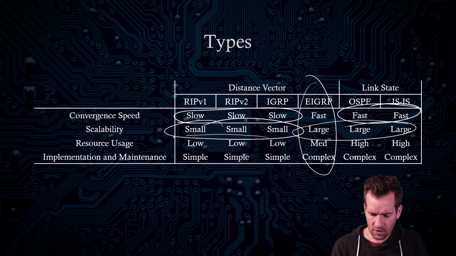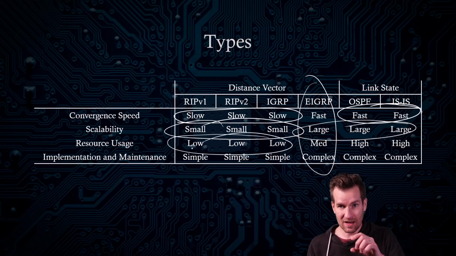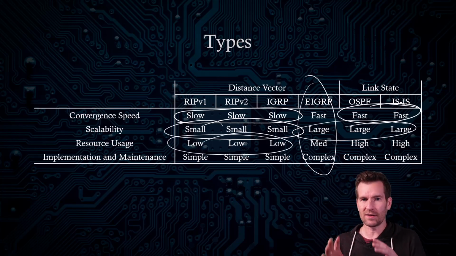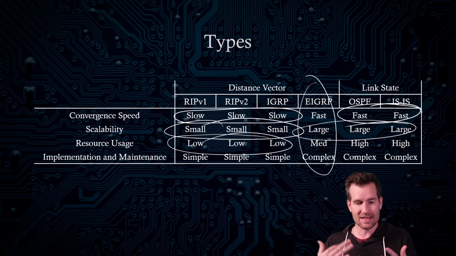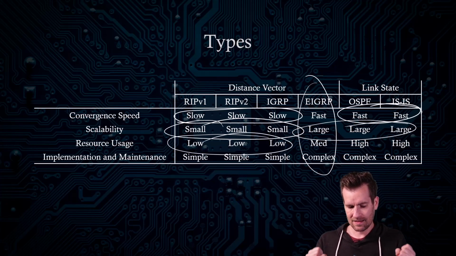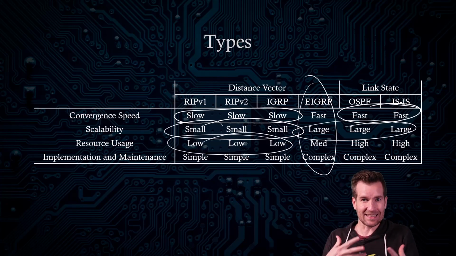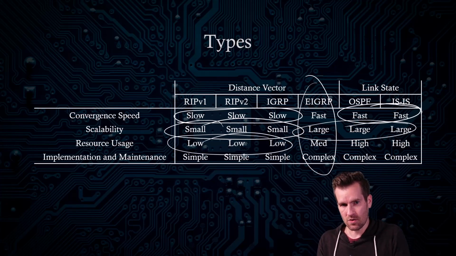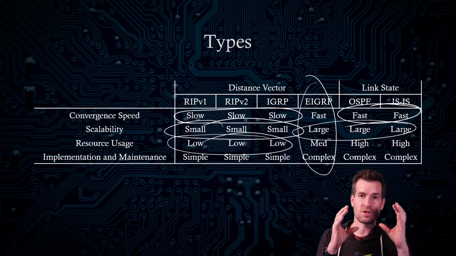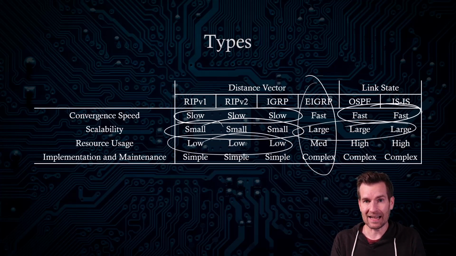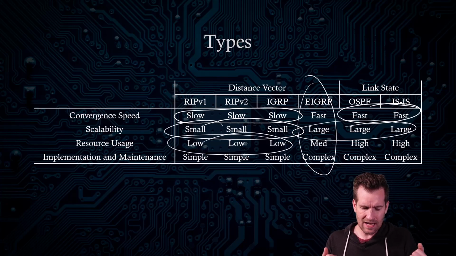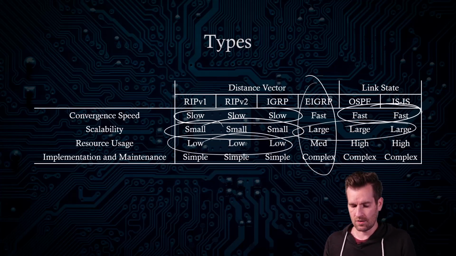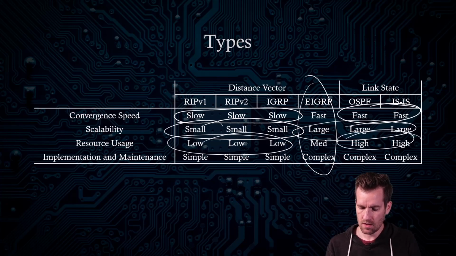Because distance vector doesn't have a lot of information that's being chatty all the time, it just needs to send a few updates now and then, and there's less processing that happens, so there's less CPU usage. It's less information, so there's less data being stored, so there tends to be lower resource usage, versus link state, which tends to have a higher usage.